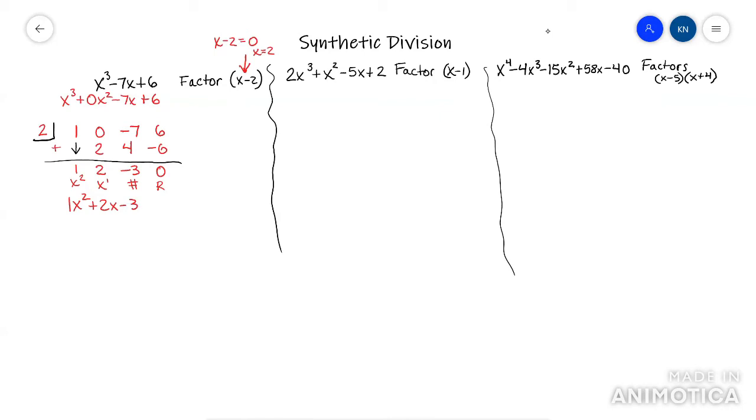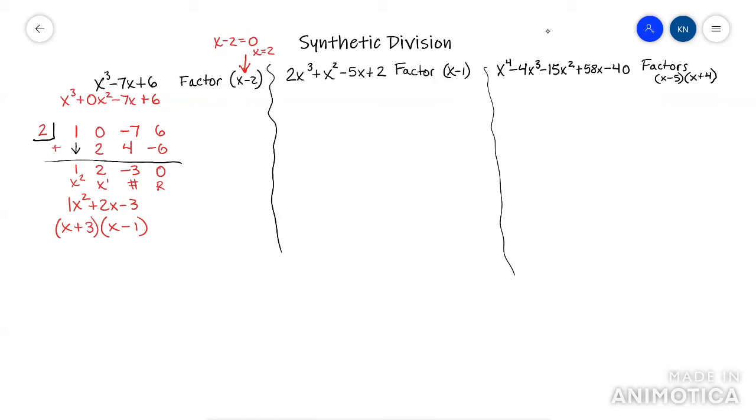Now, whenever you do division like this, you want to see if your result is able to factor now. So this one can factor: x plus 3, x minus 1.